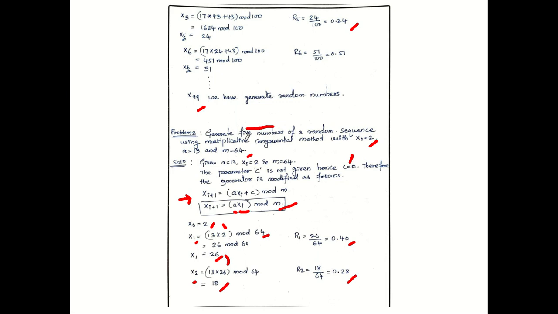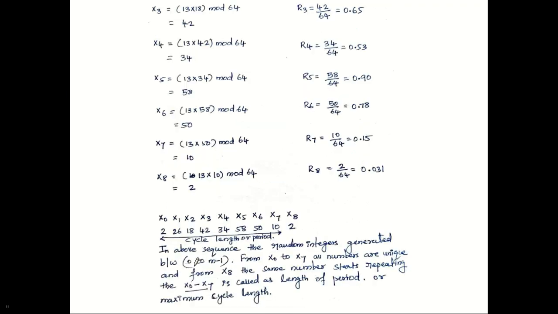In this problem statement they have asked us to find 5 random numbers. So we have computed 2 random numbers here, and we will continue till we calculate 5. x3 is computed as the random integer 42, and this is its equivalent random number. The x4 random integer is 34, and its equivalent random number is 53.